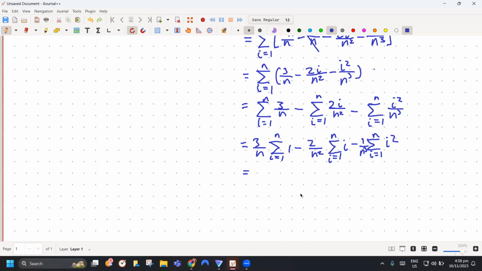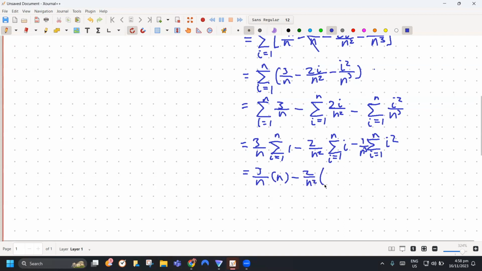So, sum of 1 from i equals 1 to n is just n. Yung sum from i equals 1 to n of i, refer to the theorem, over 6.